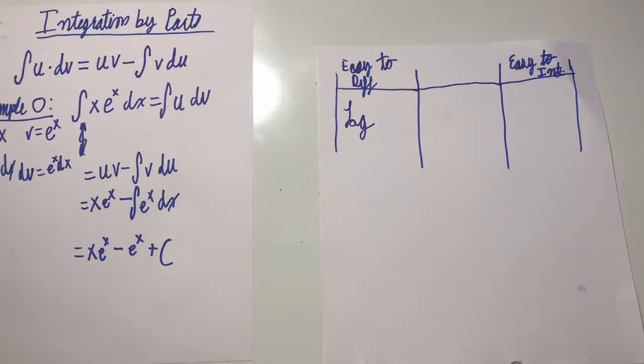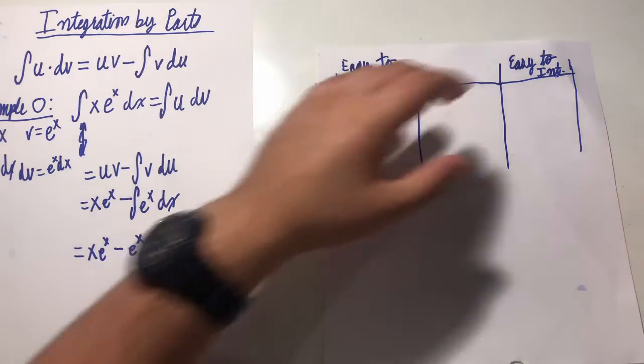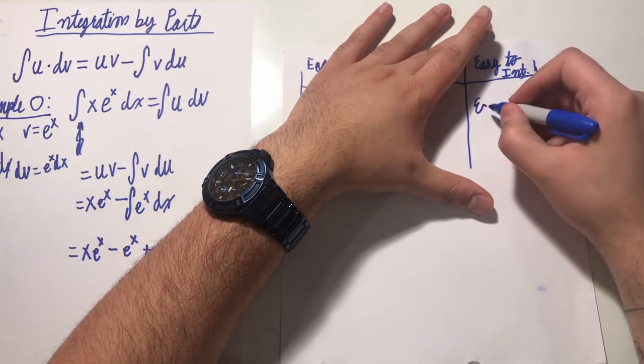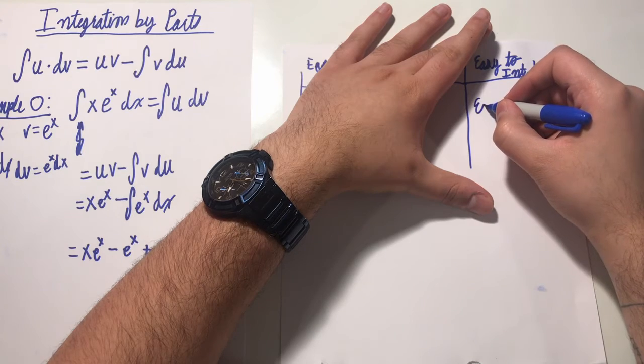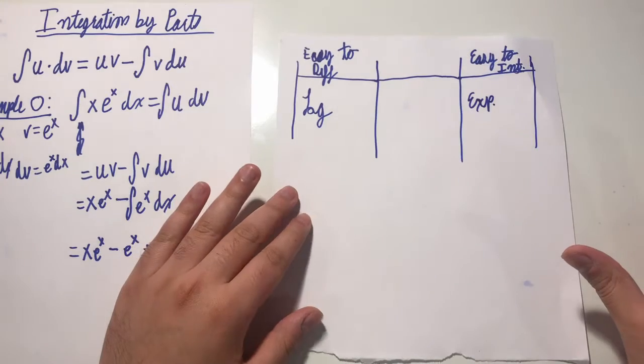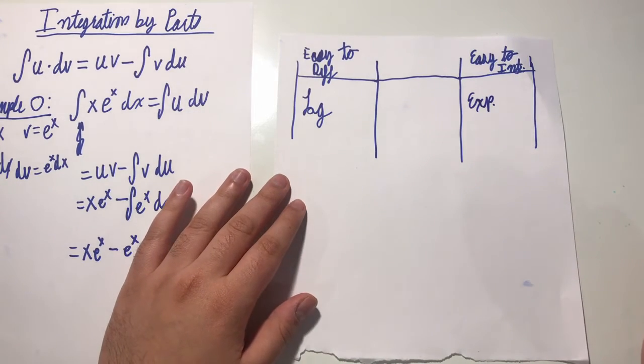Logarithms will almost always exclusively be what you make u. Things that are easy to integrate, exponentials. Anytime you have an e to the something power or anything like that, exponentials are some of the easiest things to integrate. That's what you're going to make dv.